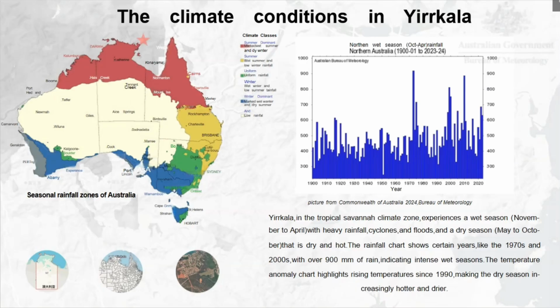Yirkala is located in the tropical savanna climate zone with a rainy season and a dry season throughout the year. The rainy season runs from November to April and is often accompanied by heavy rainfall, tropical cyclones and floods, while the dry season runs from May to October and is dominated by dryness and heat.